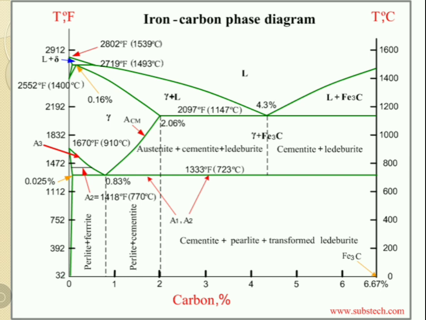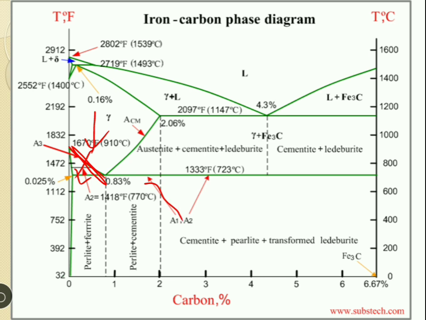Now here we can see ACM is this line where austenite is converting into cementite, pearlite or ferrite. Here it is called the A3 temperature, the upper critical temperature, where austenite is further converting into the ferrite region.